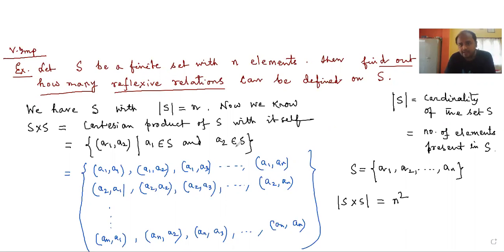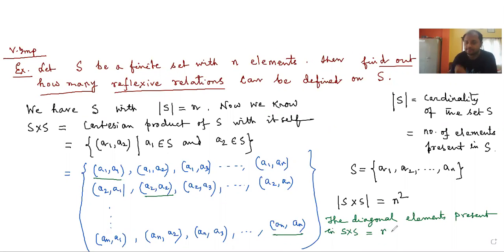Now I'm marking some special elements in this set. The special elements are marked as (a1, a1), (a2, a2), up to (an, an). All the diagonal elements have been marked. How many diagonal elements are there? The diagonal elements present in S cross S number small n.